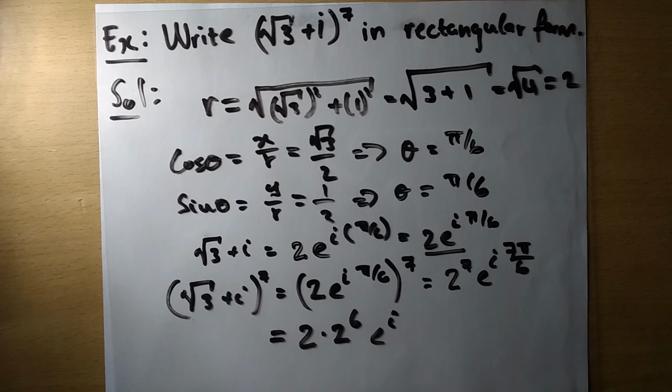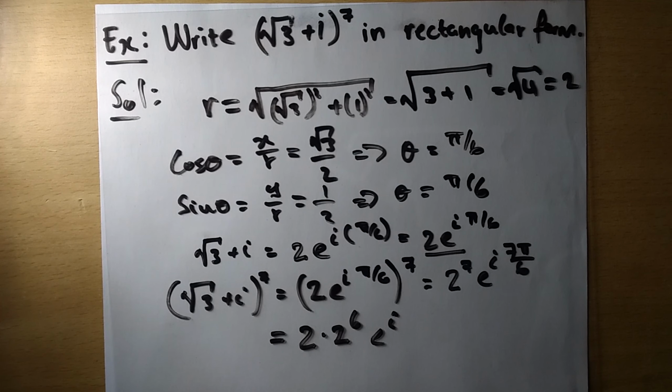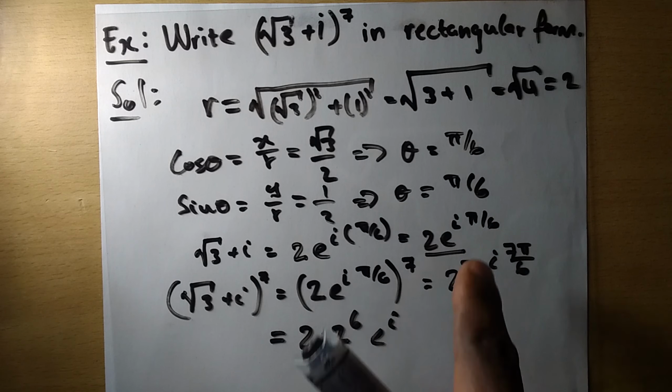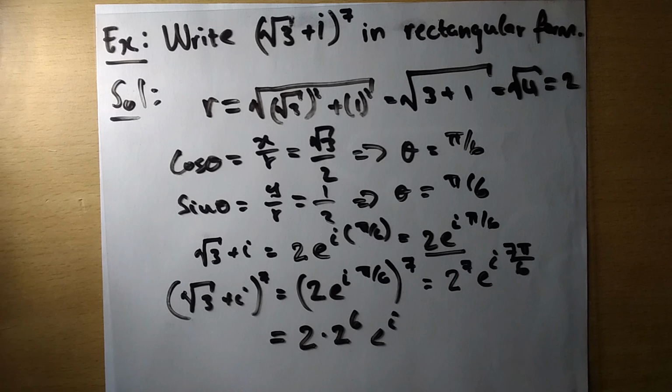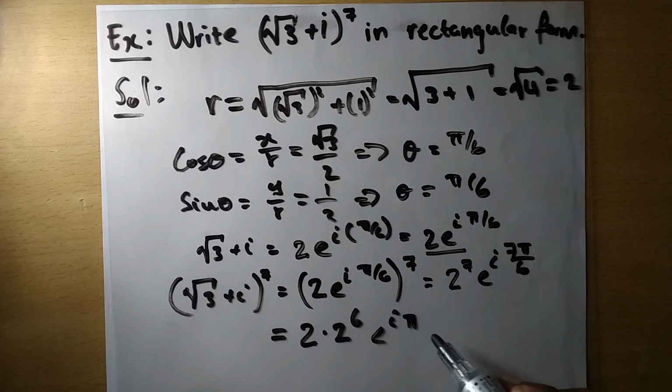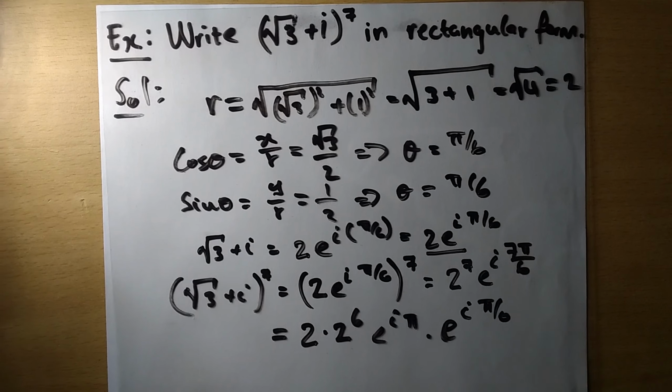Now I need to separate this in terms of i pi and i pi divided by 6. When I look at this nicely, 7 over 6, I can say this can be rewritten as i pi multiplied by i pi over 6.